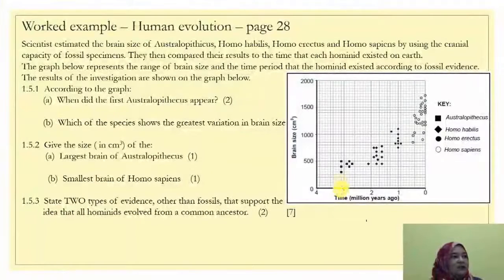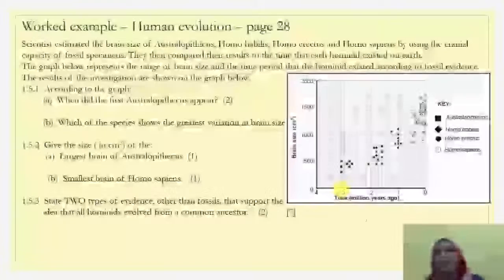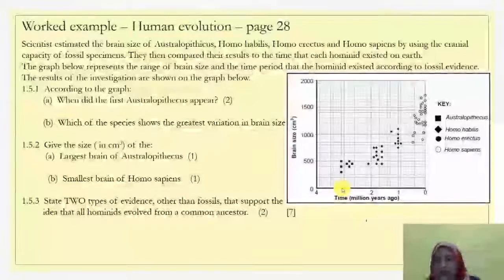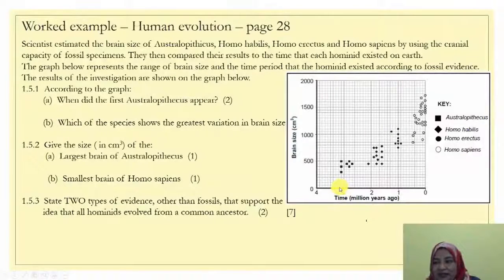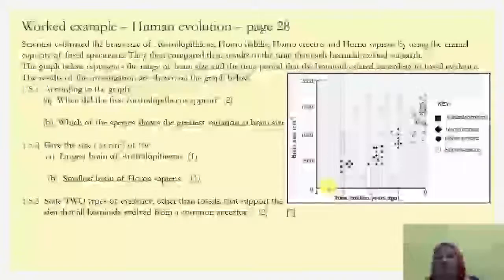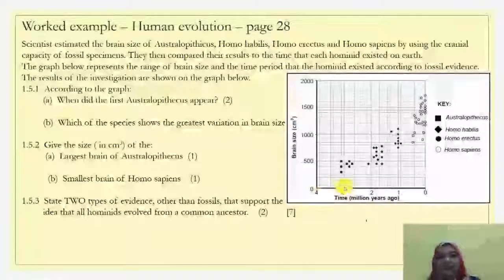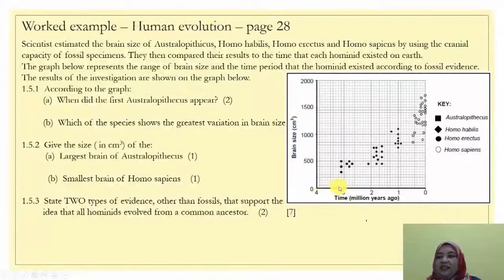Now, when we read millions, this is 0, and I'm reading this way, and it's increasing this way. So 3.1, 3.2, 3.3, 3.4, 3.5, 3.6, 3.7, 3.8, 3.9, and 4. So therefore, it is 3.1.